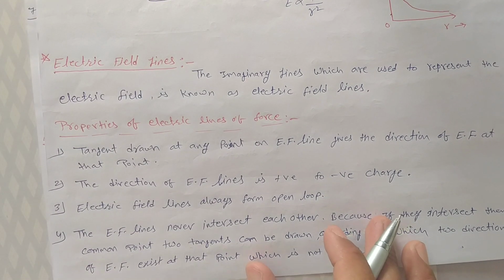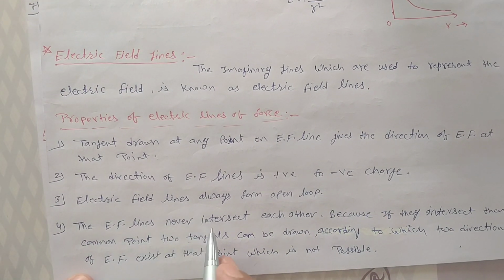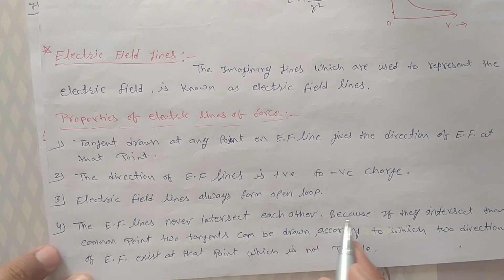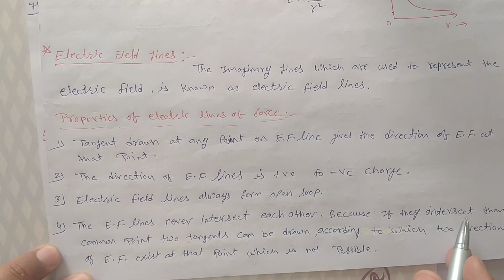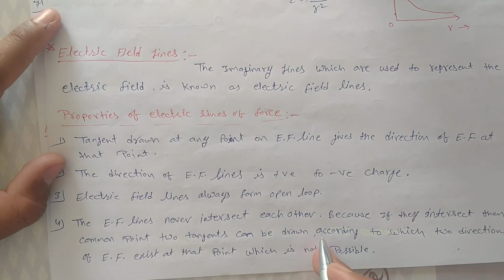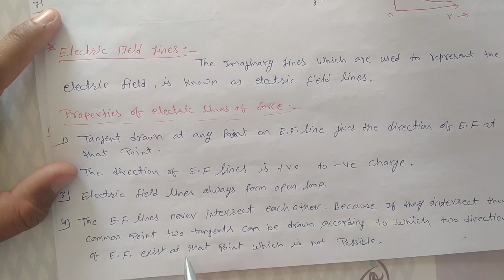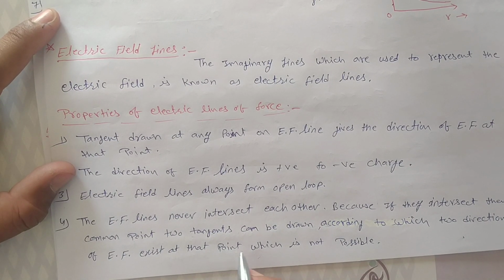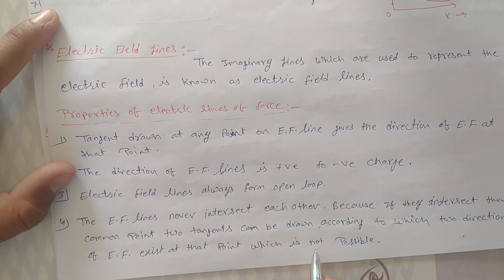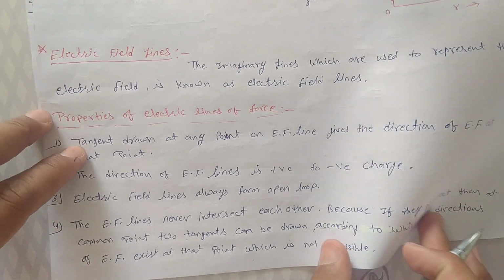So electric field lines never intersect each other, because if they intersect, then at the common point two tangents can be drawn, according to which two directions of electric field exist at that point, which is not possible. Okay.